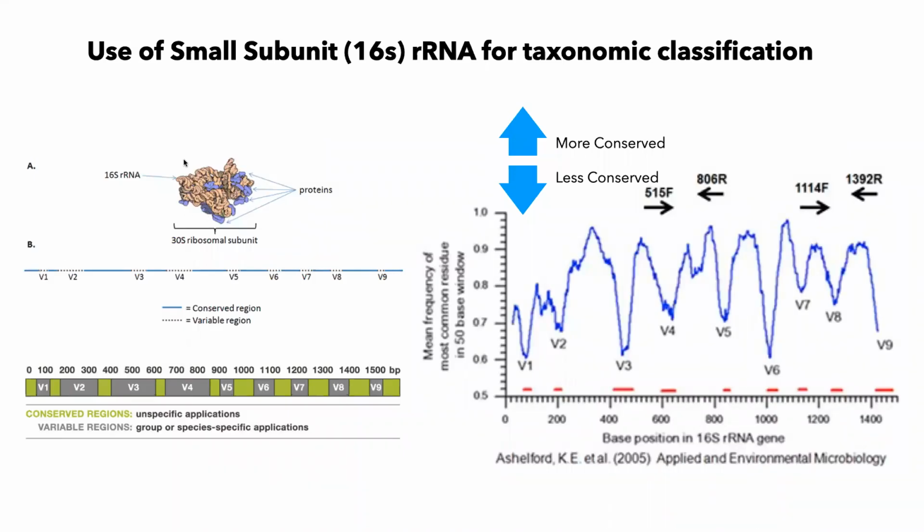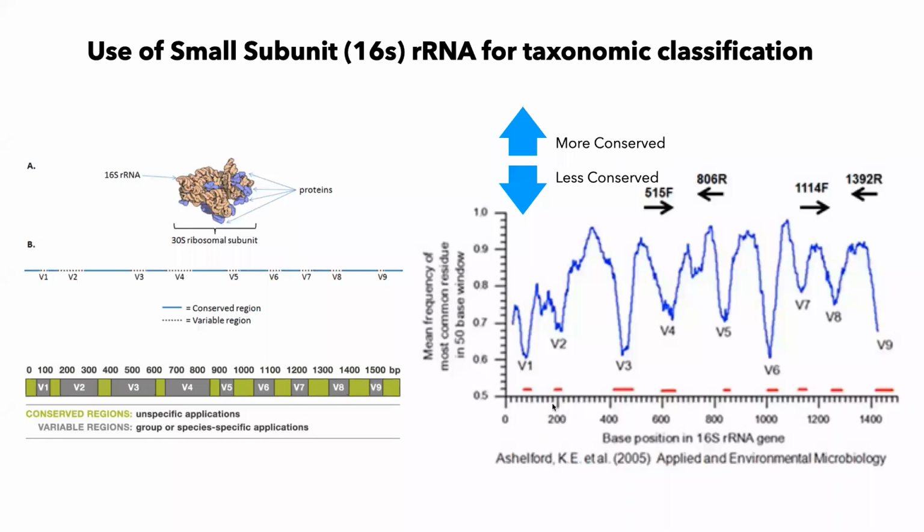The bottom part is the 30S ribosomal subunit. And these are some of the hypervariable regions that are either more variable or more conserved between different species. Here you can see the mean frequency of the most common residue in a 50 base window, based on the base position in the 16S ribosomal RNA gene. Here you can see some of those 9 different regions.